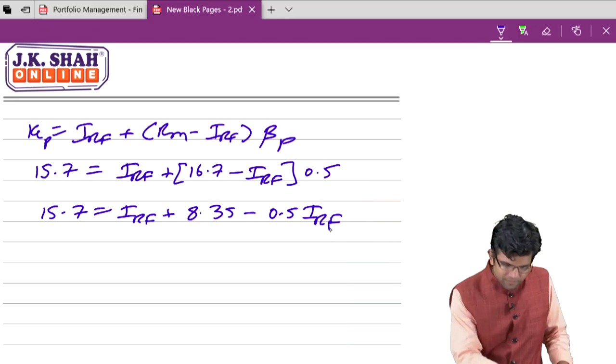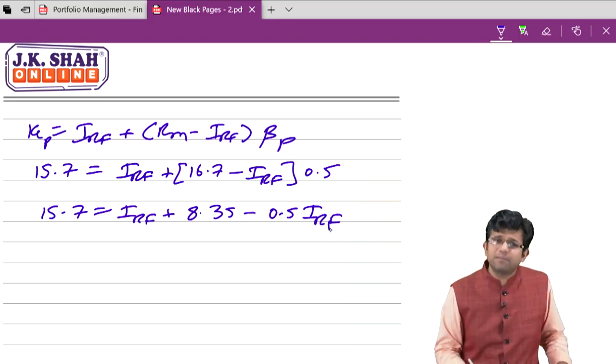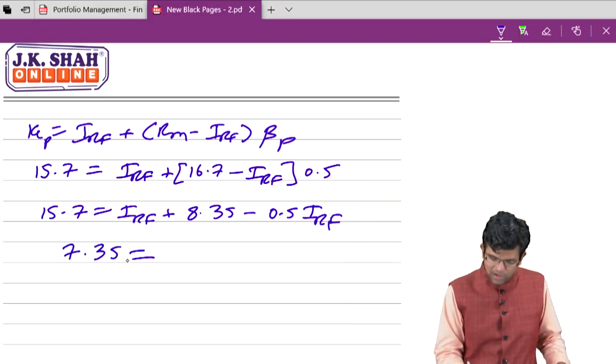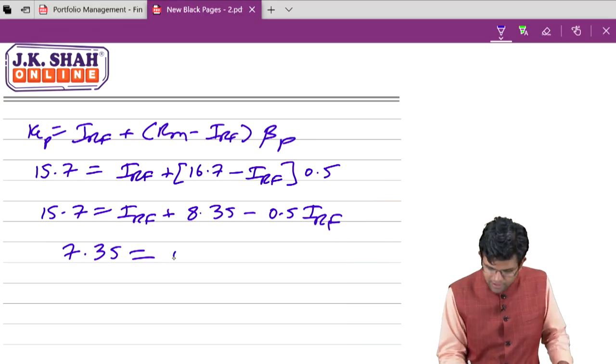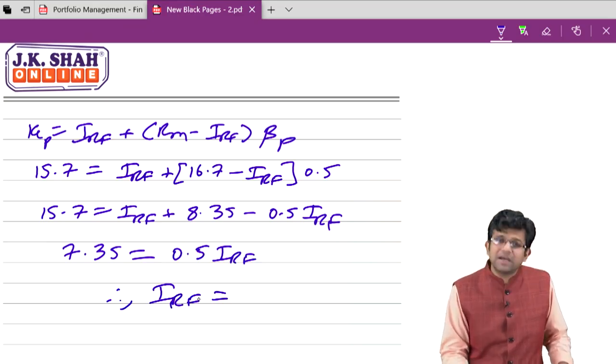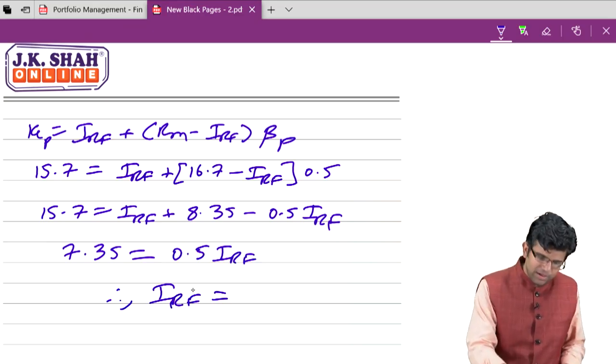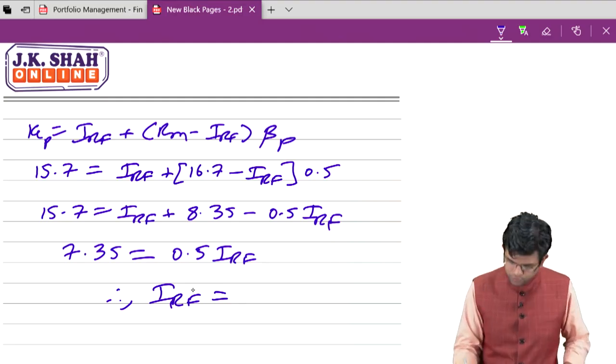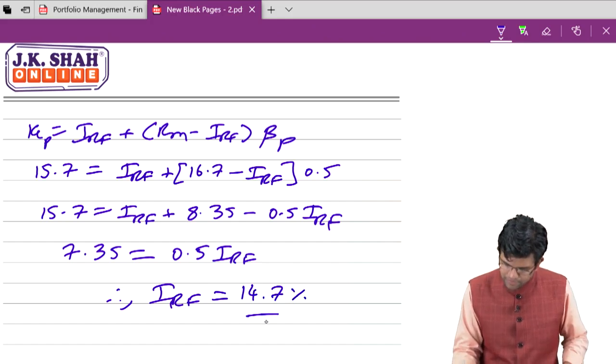So 15.7 minus 8.35 will give me 7.35 on the LHS. So 7.35 is equal to IRF minus 0.5 IRF, which is equal to 0.5 IRF. Therefore, my risk-free return, that is IRF, will be 7.35 divided by 0.5, that comes to 14.7%.